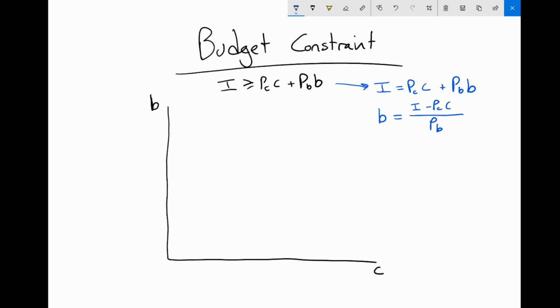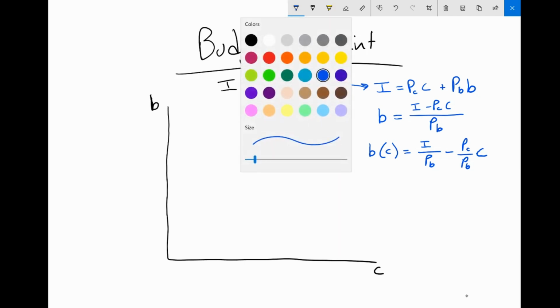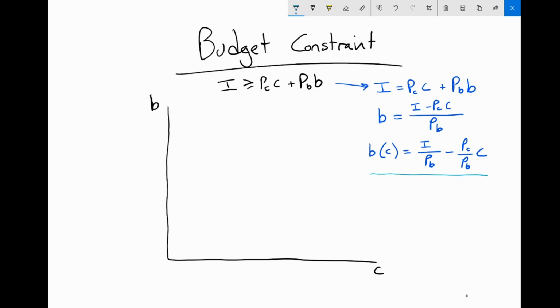What this gives us is a function, B as a function of C: B equals I over P_B minus P_C divided by P_B times C. Now I have a function, B, bagels, as a function of coffee, and this line is going to be the budget constraint on this graph.